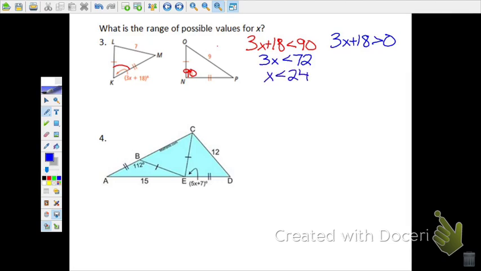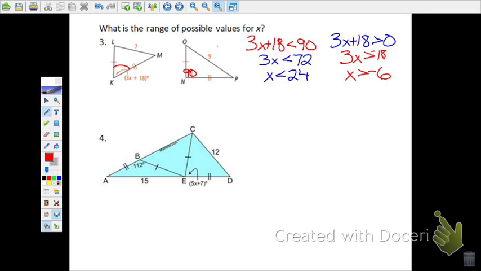X is less than 24. When I come back to the second piece, I'm going to subtract 18. 3x is greater than negative 18. Then I'll divide by 3. X is greater than negative 6.